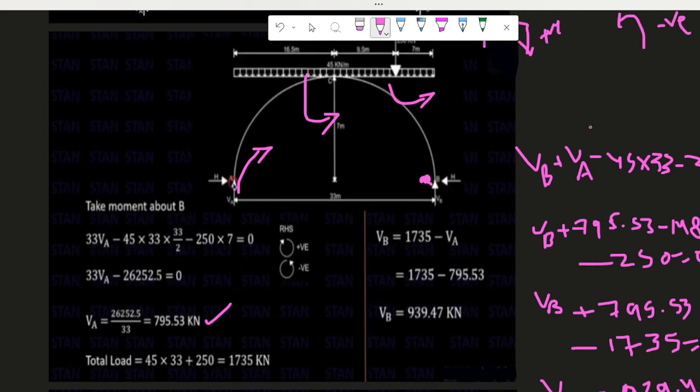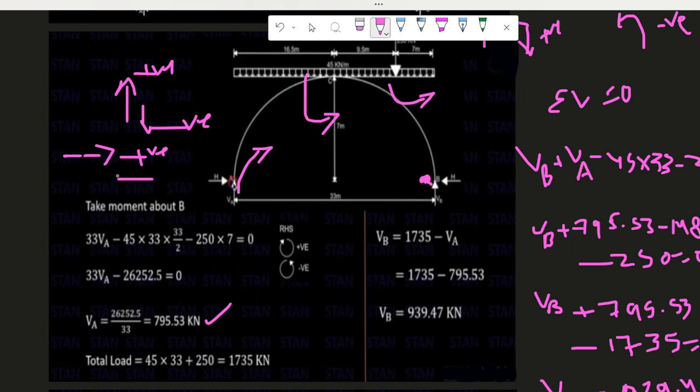Next, find VB. How to find VB? The sum of the vertical forces equals 0. The sign convention: upward is positive, downward is negative, and right side is positive, left side is negative.